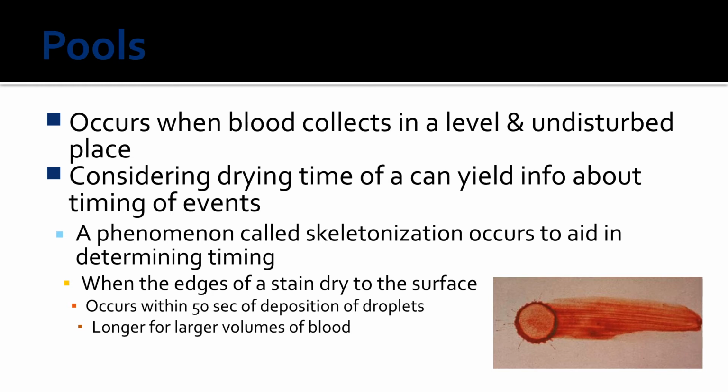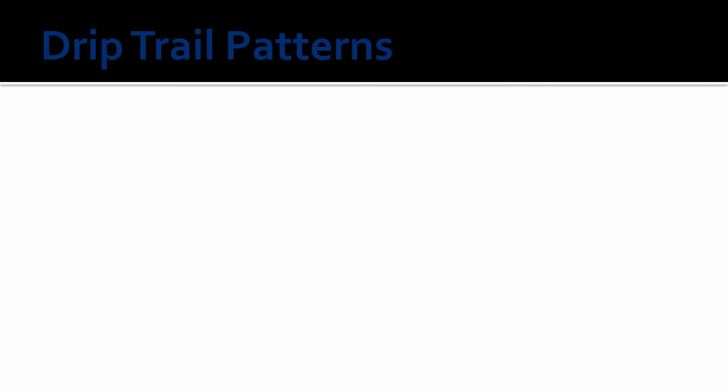Obviously, the larger the volume of blood, the longer it's going to take. But after this time, if the bloodstain is altered through contact or wiping motion, the skeletonization perimeter will be left intact. This can help determine the timing of the movement or activity in the scene.